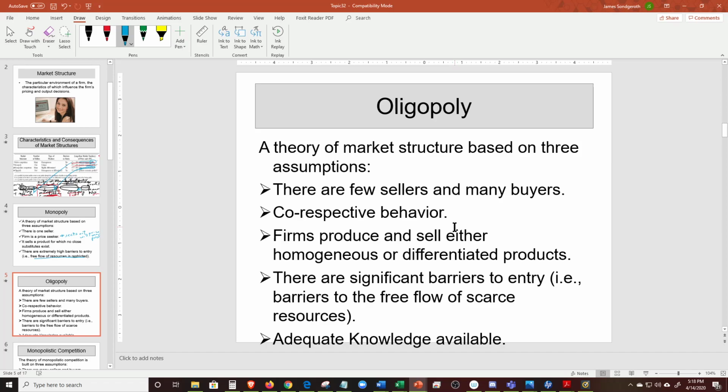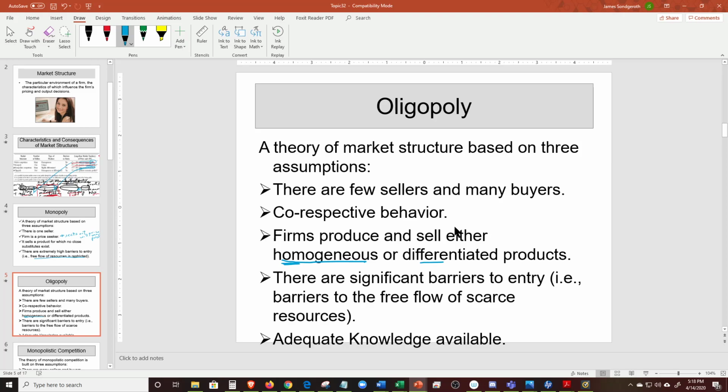The firms produce and sell either homogeneous or differentiated products. If the product is going in as an input for other firms, like steel or aluminum, it will tend to be homogeneous.